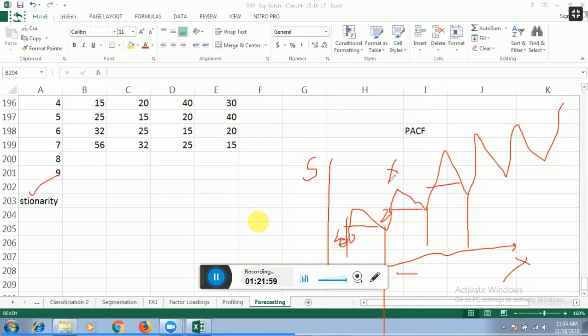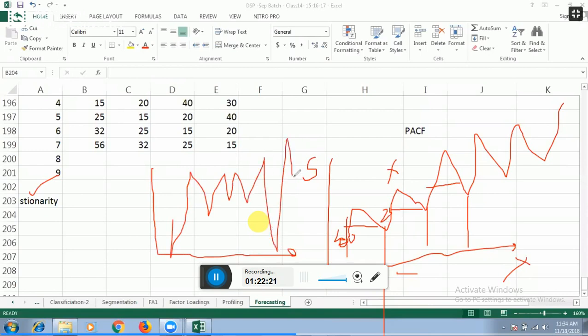So a series is stationary means that over time you should have a constant mean and a constant variance. What do we mean by constant variance? Suppose you have data like this, fluctuating like this. Is the data having a constant variance?